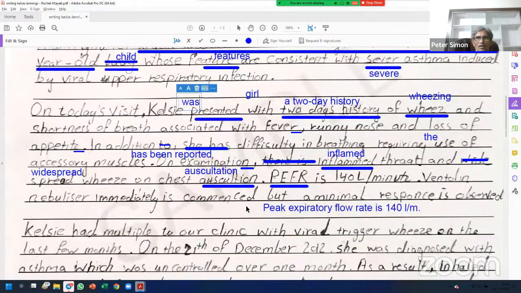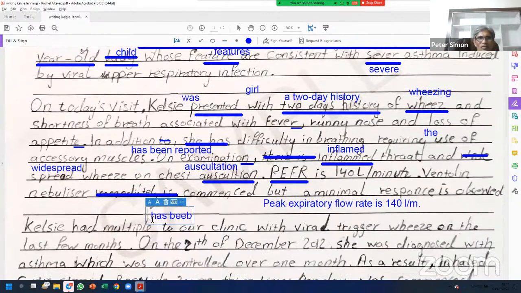Okay, fine. Ventolin nebulizer immediately is commenced. Ventolin nebulizer has been commenced immediately. So you can say has been commenced.